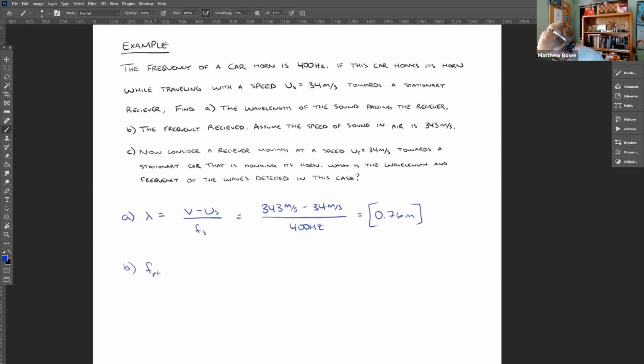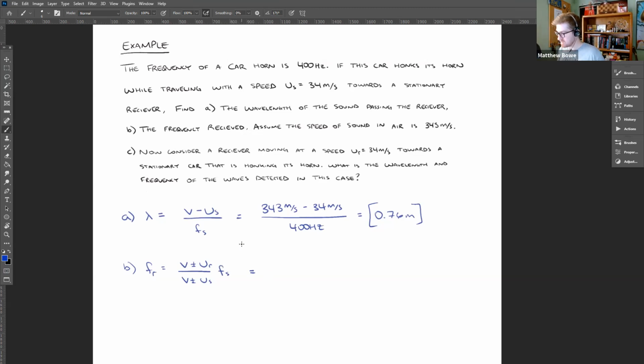Let's do the general form for this receiver. So what is the receiver going to pick up? V plus or minus U R over V plus or minus U S, times F S. Okay, so car moving towards a receiver.